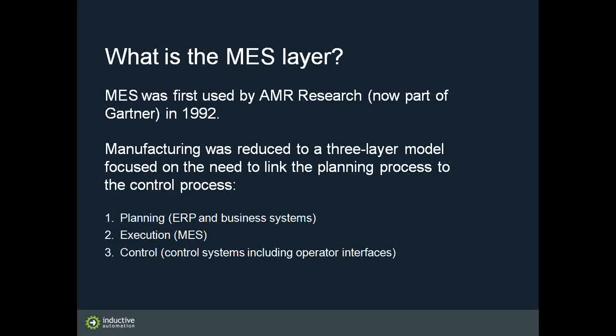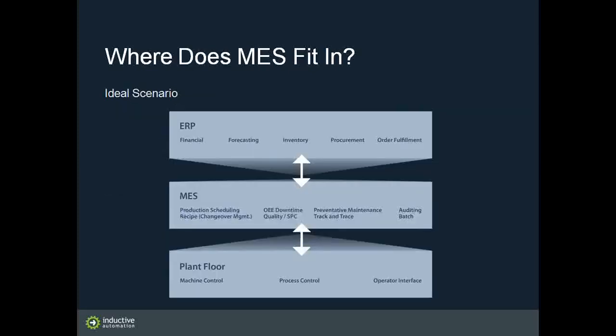So the idea, of course, was to bridge those two together and make it possible to create an ideal scenario. The ideal scenario has your ERP at the top: your financials, forecasting, inventory, procurement, order fulfillment, all those things that you're looking at across your enterprise to add efficiencies to that enterprise.